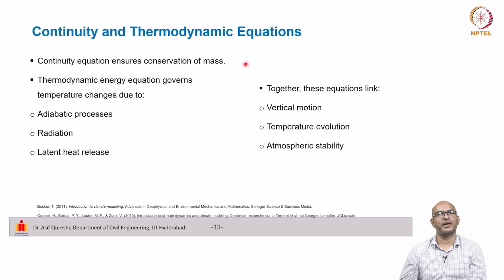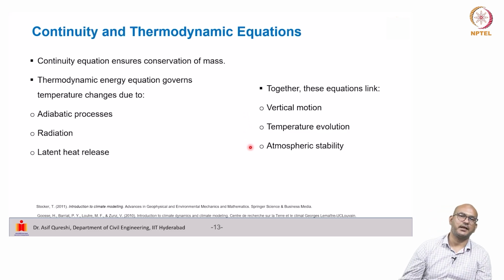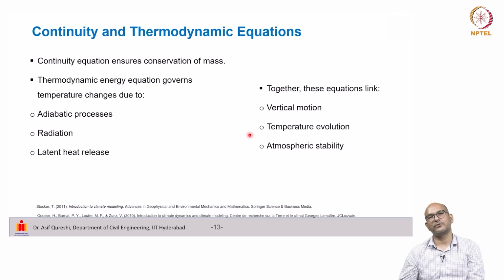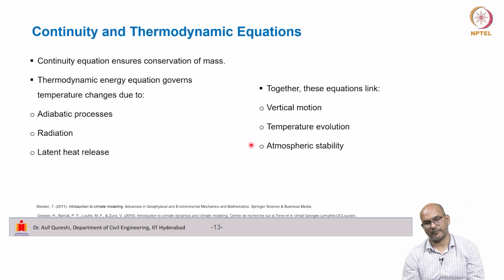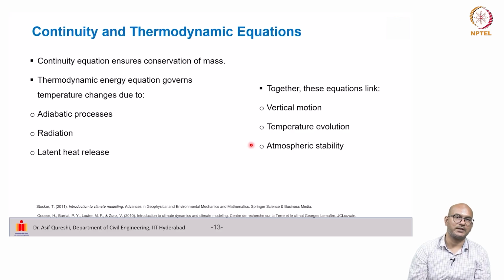So, when we look at conservation of mass and the thermodynamic energy equations due to these processes, together these equations will govern or link the vertical motion of air in the atmosphere, the temperature evolution in the atmospheric layer, as well as the atmospheric stability, which is of course governed by these motions and how energy is distributed or redistributed, something that we can recall during our lecture on radiative convective models, how convection redistributes the energy to achieve the observed lapse rate.